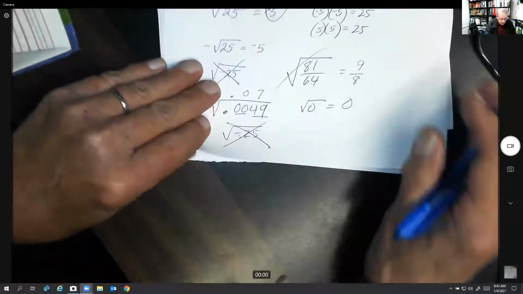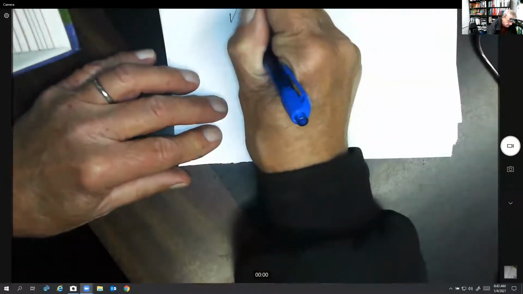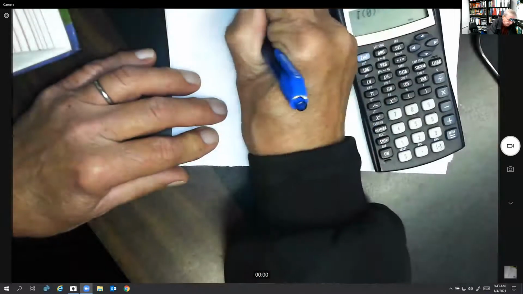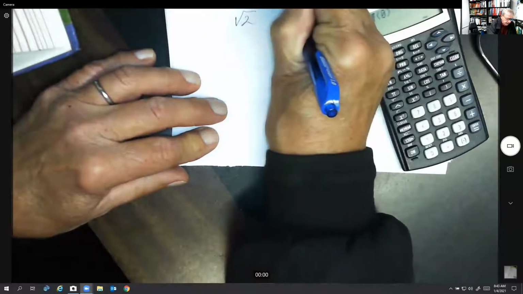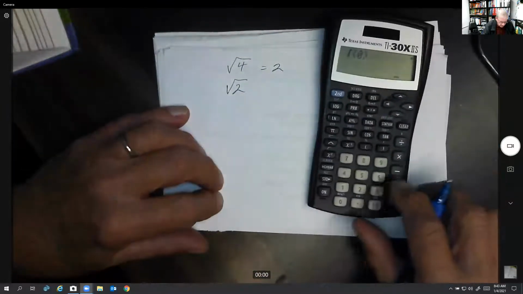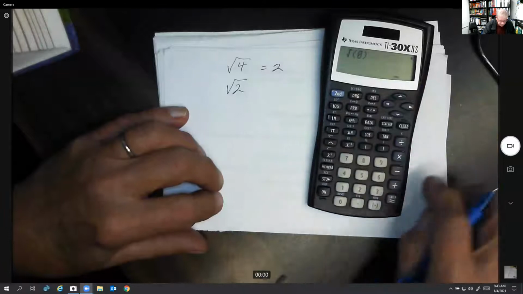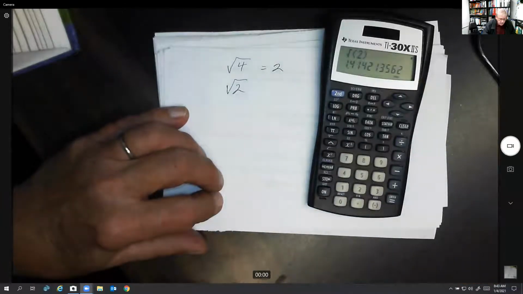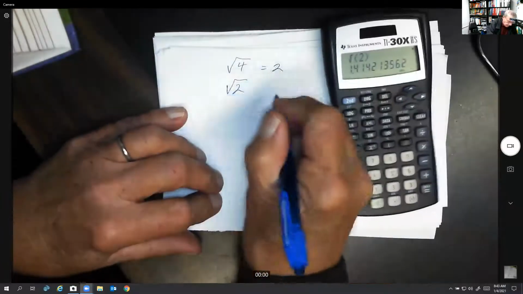We can also do numbers that aren't perfect squares, like square root of 2. Here you'd have to use a calculator. You could take the square root of 4. Square root of 4 is the whole number 2. But if you're going to take the square root of 2, it's 1.414 approximately.